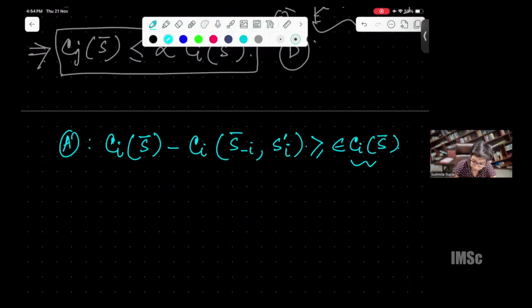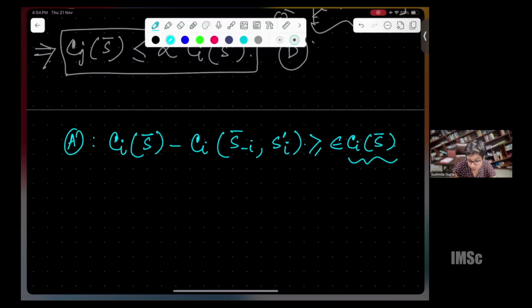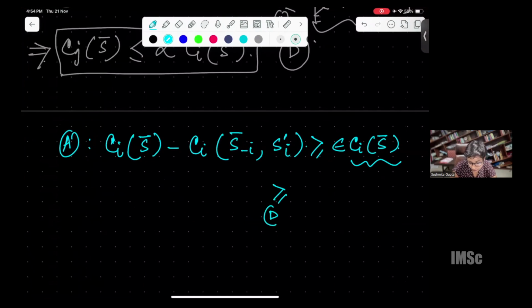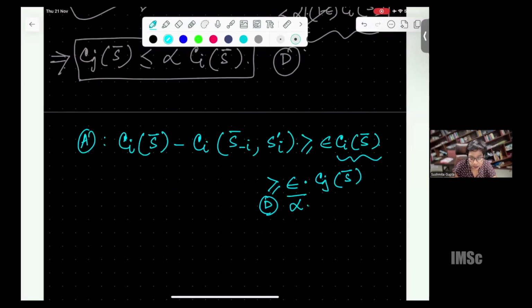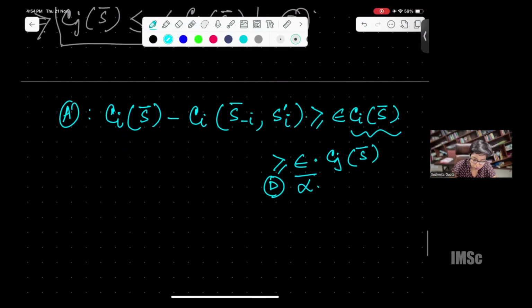Now this quantity I can bound using equation D: epsilon Cj of S bar by alpha. Correct? By what we just know.